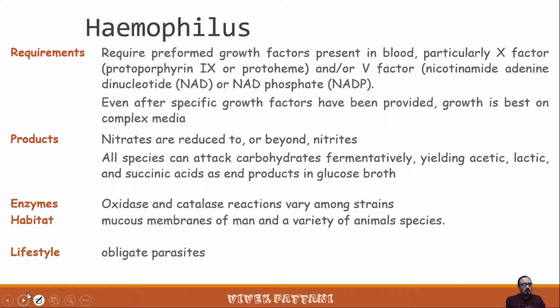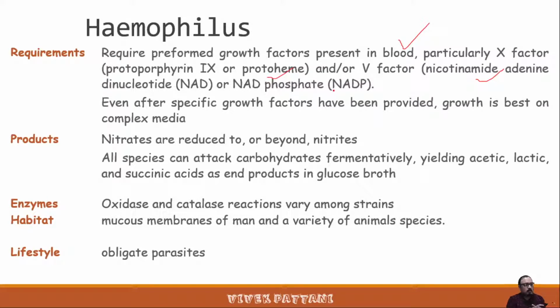They require various growth factors found in the blood, particularly X factor, which is also known as protoporphyrin or protoheme factor, and V factor, which is nicotinamide adenine dinucleotide, NAD phosphate. Even after specific growth factors have been provided, growth is normally found only in the case of complex media.